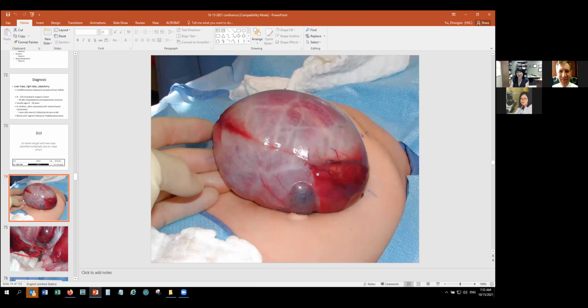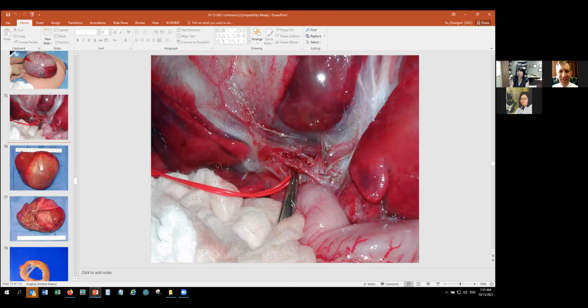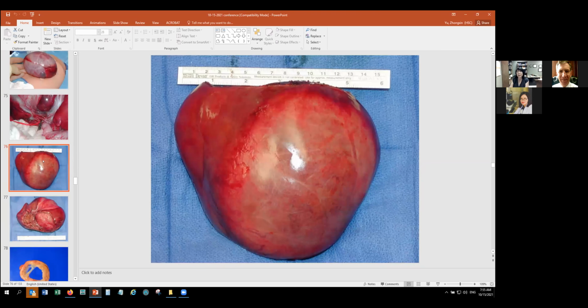This is the surgery, a very big tumor compared to a 9 month old. That's the gallbladder. So that's the liver tumor on the right lobe. Before this is the abdomen. I think that's the head. The tumor was totally excised, and we received the specimen.